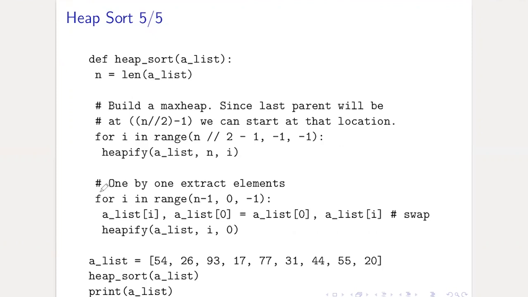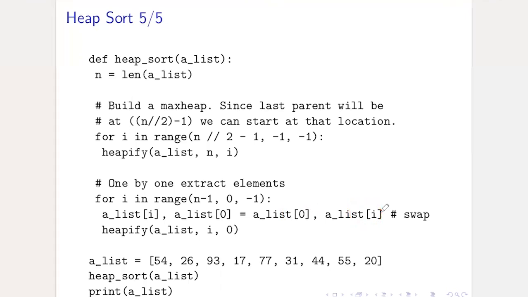Once you have built the first one, you go into a loop, and until you are done with the number of items in the list, you would do this swap between what is at the zeroth location and what you have currently taken as the root of the subtree.